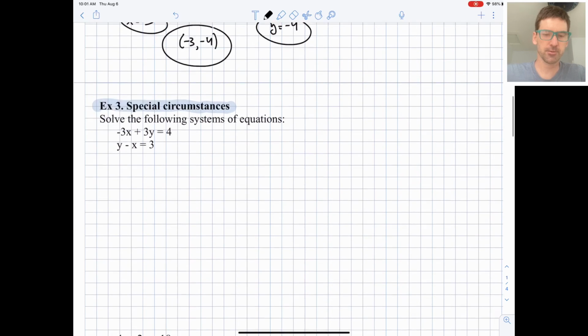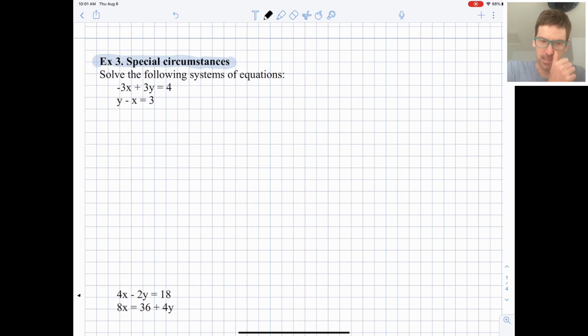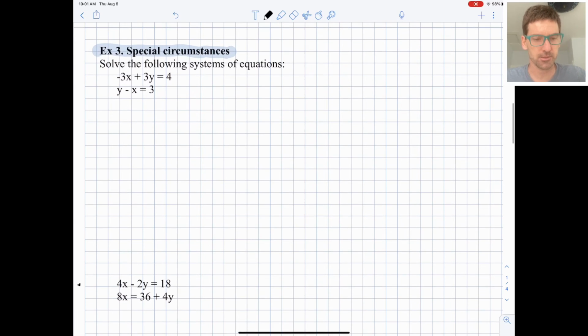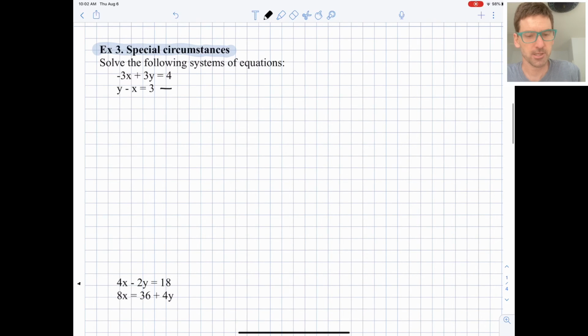All right, moving on to a couple special circumstances. I'm going to go a little bit quicker here just to keep our video a little bit shorter. But let's solve the following system of equations. So I think you can see that there might be some curiosities going on here. This second equation I'm going to isolate for y by turning into y equals x plus 3.